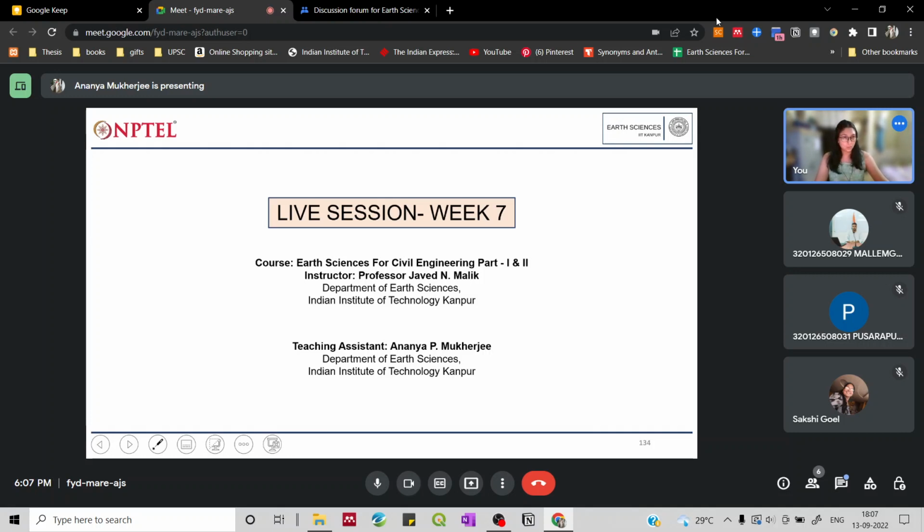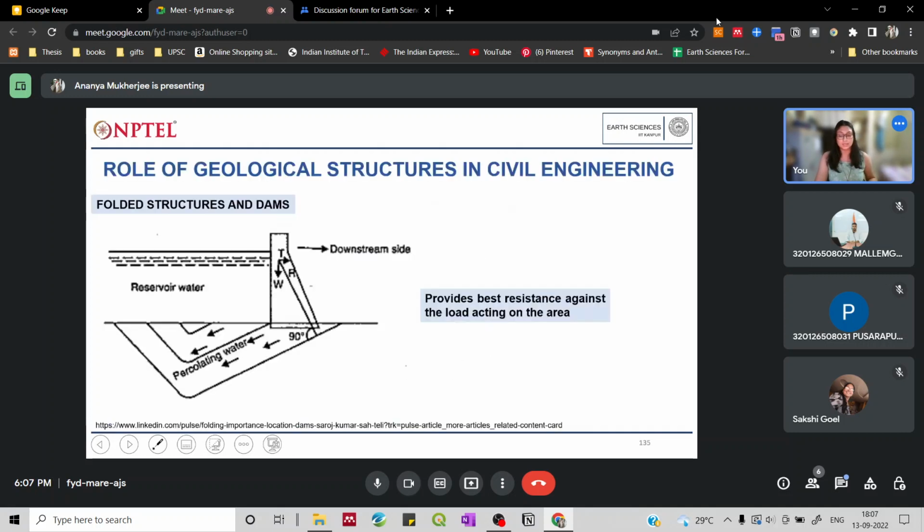So with that, now we will move on to the very important next topic, that is the role of geological structures in civil engineering. So geological structures are what? They are folds, faults, joints, okay, and also the role of the kinds of rocks that we have, that is igneous, metamorphic and sedimentary.